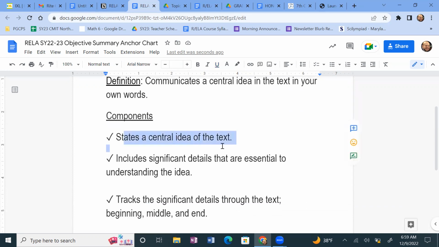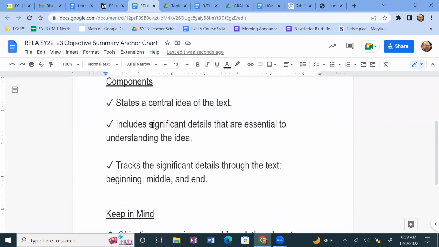Components state the central idea of the text and include significant details. So write this down. The 3 things you should have in your objective summary. We should see the central idea as a thesis statement, and we should see significant details throughout the text that are essential to understanding the central idea.